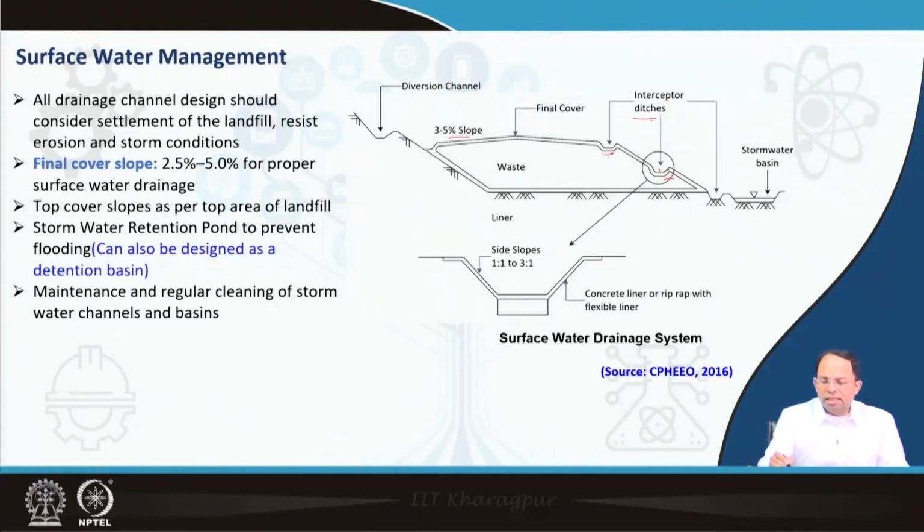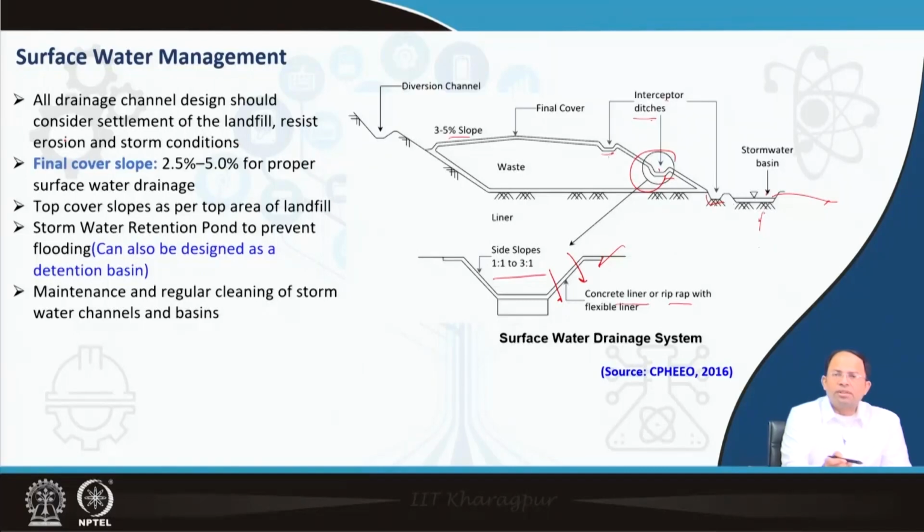This is the design of this particular ditch, where the side slopes are given as 1:1, 2:1, 3:1, and there is a concrete liner or riprap so that it doesn't allow infiltration through the ditch. Eventually the water is collected over here, and then there is a stormwater basin where we can retain some of it, or detain it for some time before we allow it to pass out.